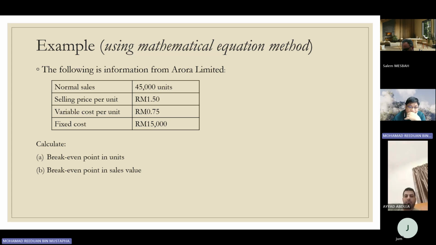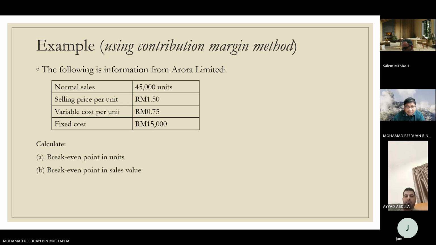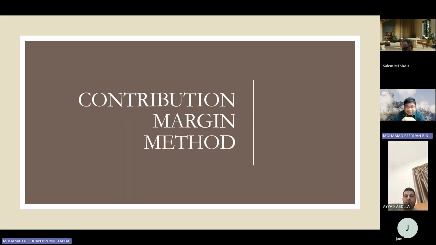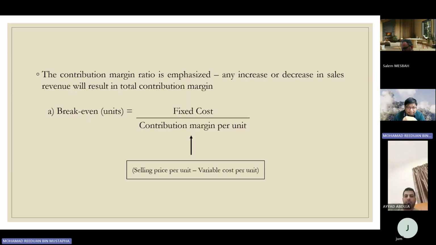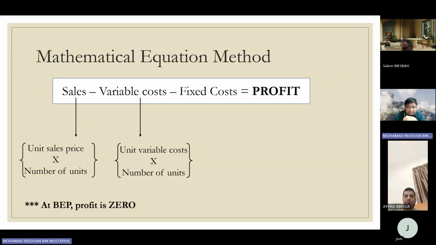There is some mistake on my slide. This is where I explained the contribution margin method. The formula I'm giving is for the contribution margin method, not for mathematical equations.